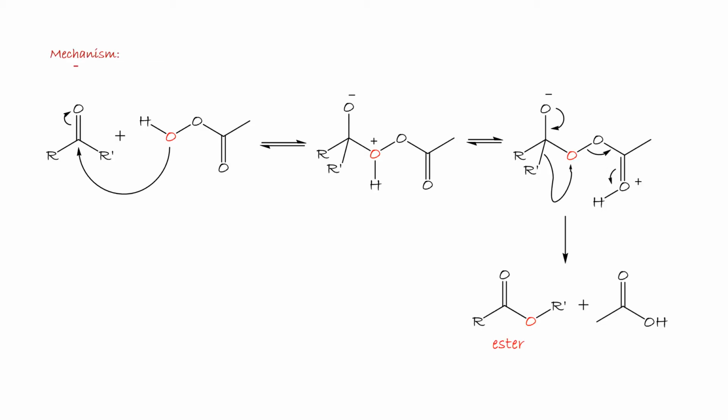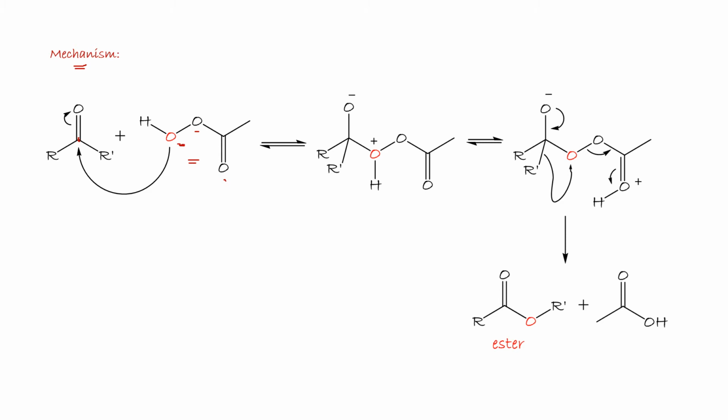Let's look at the mechanism of this reaction. Carbonyl and peroxy acid, and the peroxy acid has 3 oxygen atoms. I labeled this one red in color.